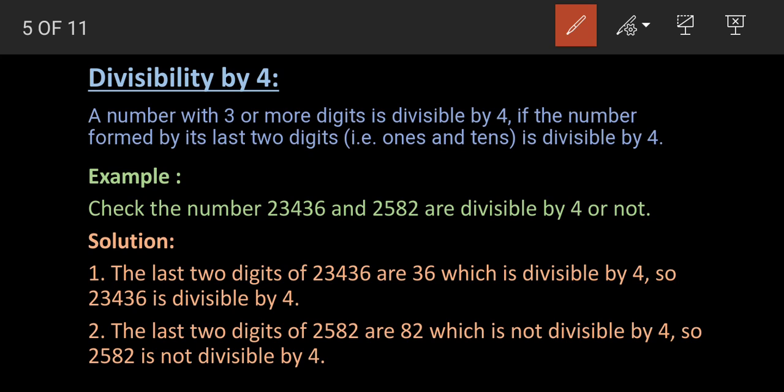The last 2 digits of 2,582 are 82, which is not divisible by 4, so we can say that this number is also not divisible by 4. While checking the divisibility test by 4, you have to check the last two digits of that number. If that is divisible by 4, then the whole number is divisible by 4.